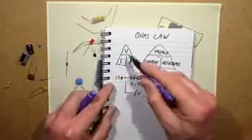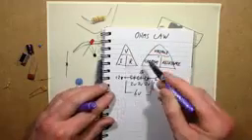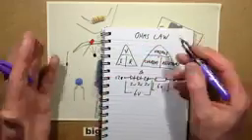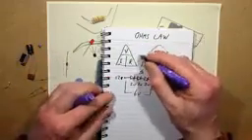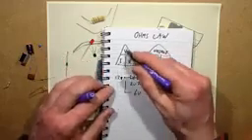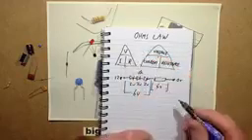That's why I've drawn in the triangle here. So voltage equals current times resistance, and for the other ones, you divide by the one above it, much as you'd write it in a mathematical formula. R equals V over I and I equals V over R. It's just an easy way to remember how they relate to each other.